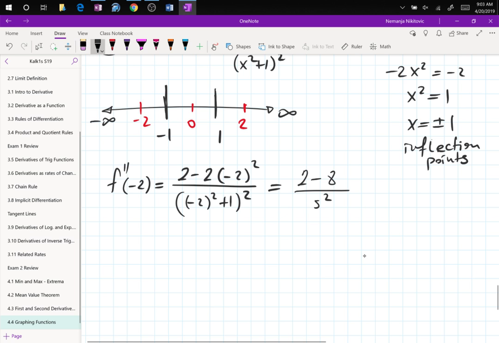If you divide positive by positive, you get positive. So the fact that the denominator is positive, you can just ignore it. Again, we don't care about the exact value, we only care about whether it's less or greater than 0. So what you actually have is a negative divided by a positive, and that's equal to a negative, which is less than 0, so we have concave down.